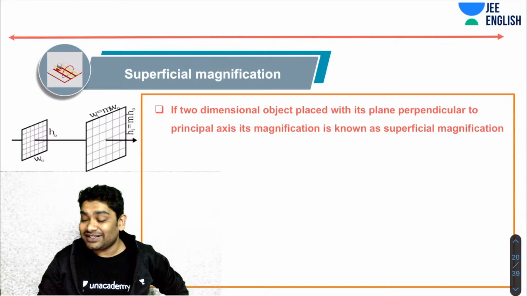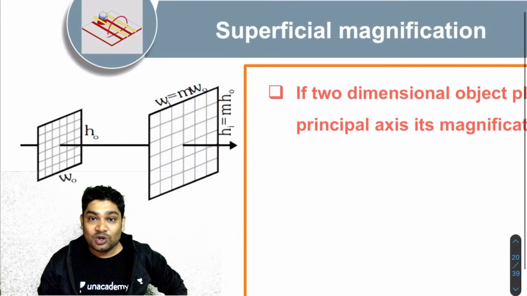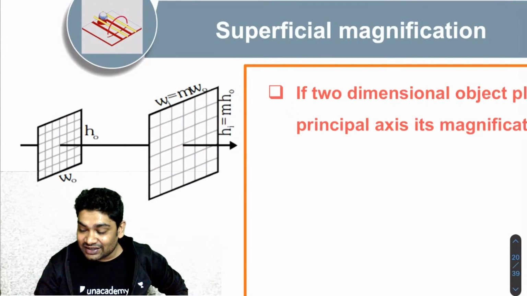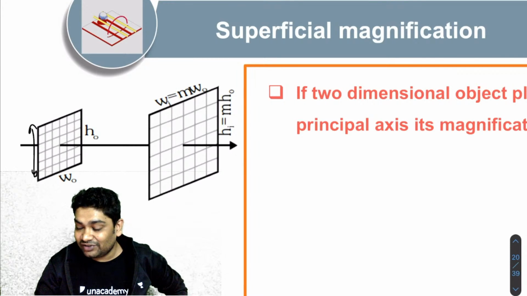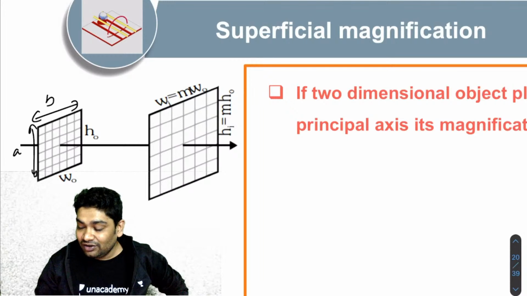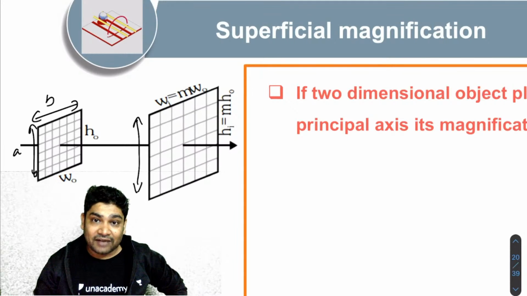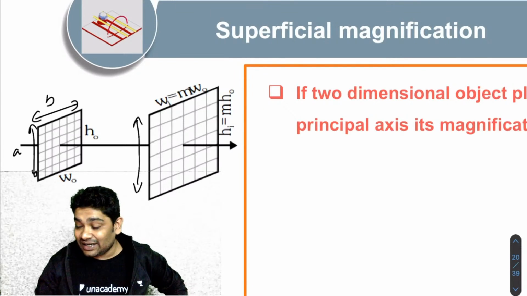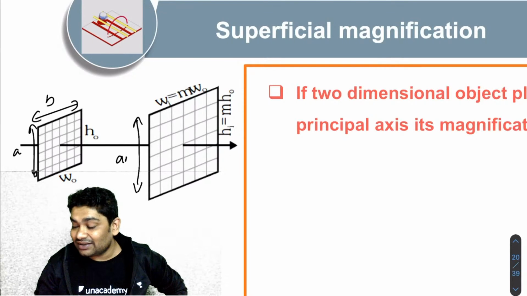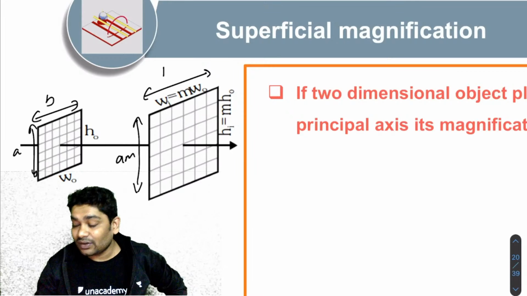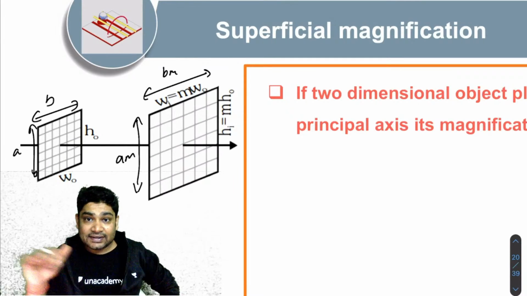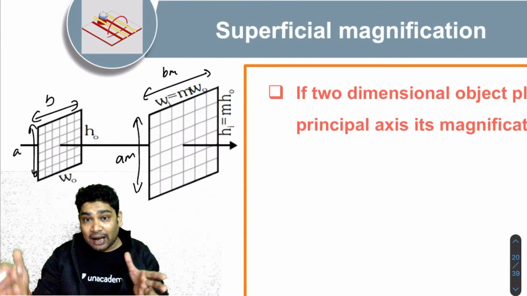So imagine this is what an object is. If this is some a by b, then this is a lateral magnification. Here this size would be a times m, and similarly this side would be b times m. So both these sides would get literally magnified.